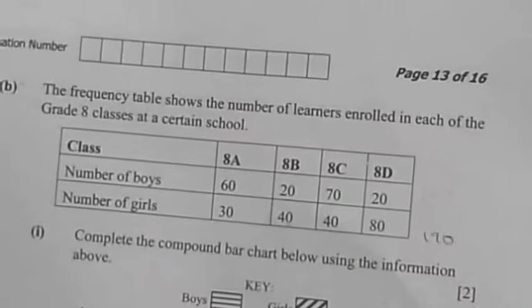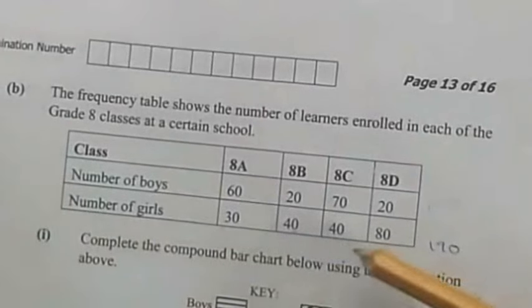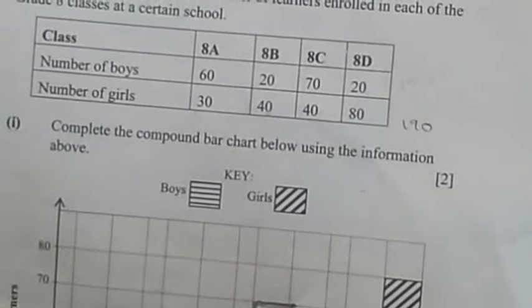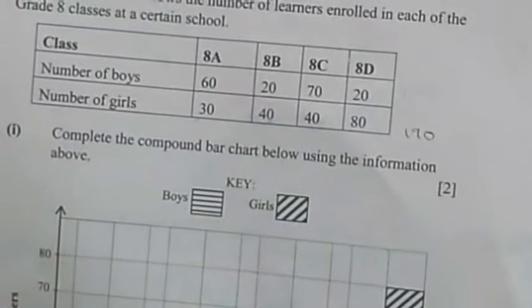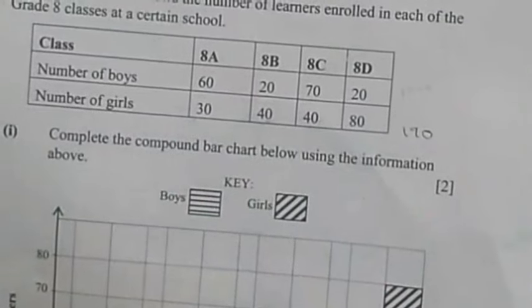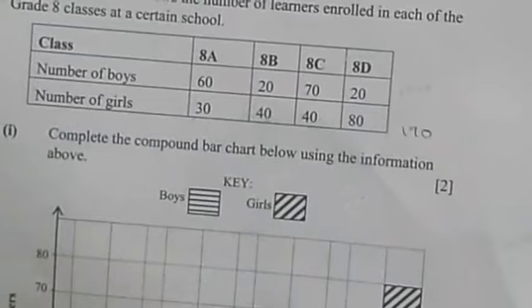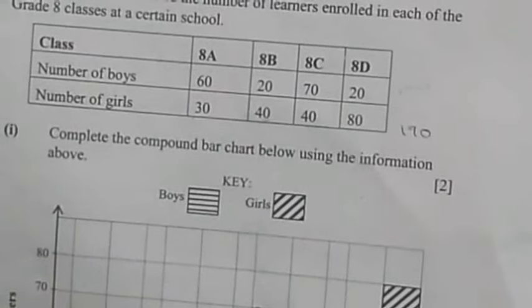Okay, then once you have done that, you can come for girls. So we are looking at 8C girls. Girls were told they are 40. So we're going to draw here a graph that reaches up to here, coming down. And then for girls, we know the lines are diagonal. Okay, like that.